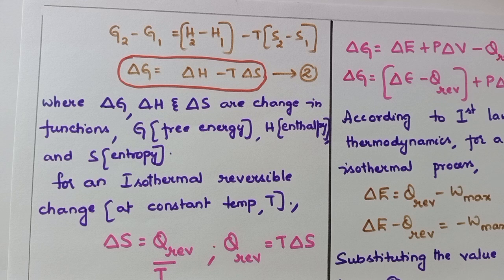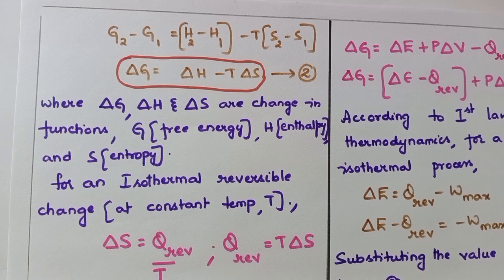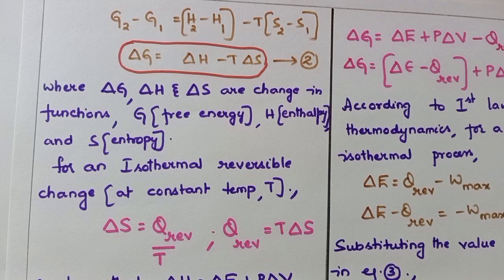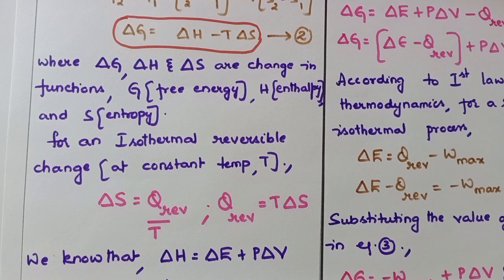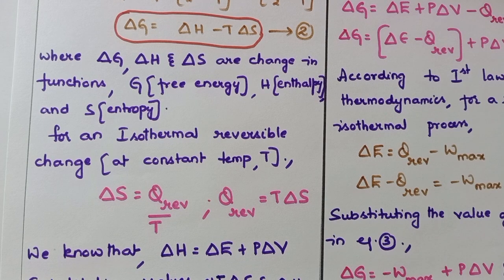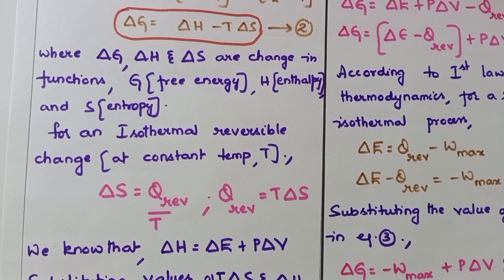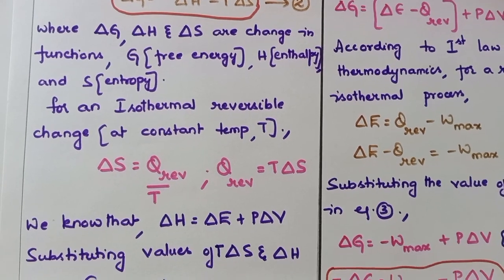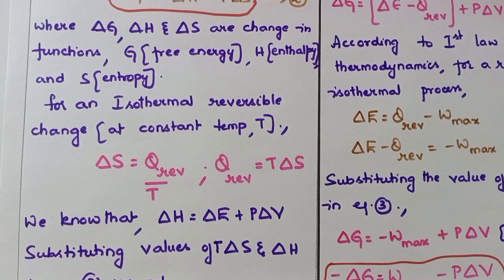I have put it in a simple sentence: for an isothermal reversible change, at constant temperature T, according to the definition, delta S is given by Q reversible by T. Here Q reversible is equal to, cross multiplying, T delta S. Now, below write down, we know that delta H is equal to delta E plus P delta V.